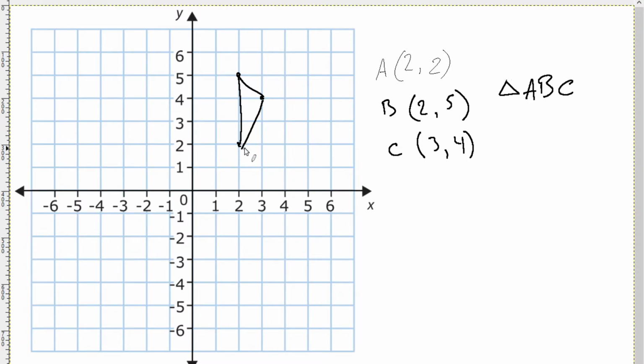There's a couple questions that you might be asked about this. One of them is, this triangle is part of a larger shape along the dotted line. And we'll say this is the dotted line. And they might say, draw the rest of the shape.